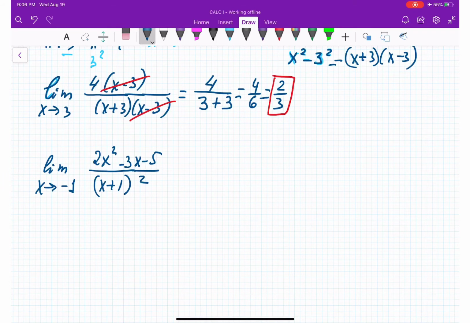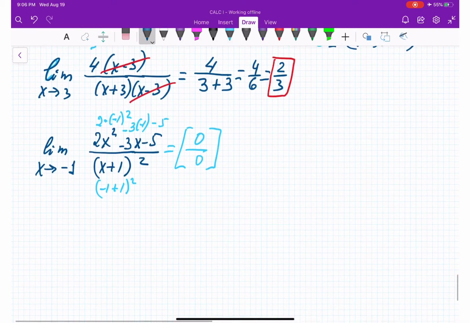So if we plug in, what are we going to get? 2 times negative 1 squared, which is 2, minus 3 times negative 1, which is plus 3. So 2 plus 3 is 5, and then minus 5, we are getting 0 here. And here negative 1 plus 1 squared is going to be 0. Okay, we are getting 0 over 0.